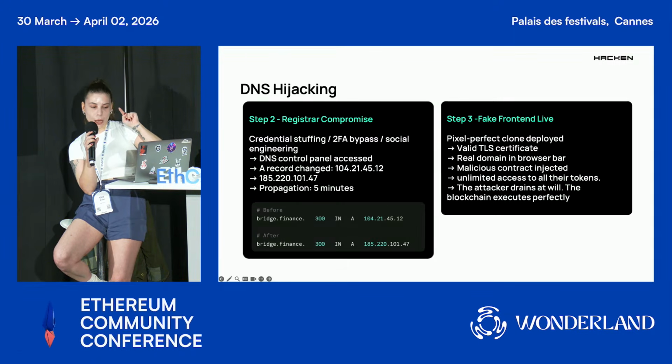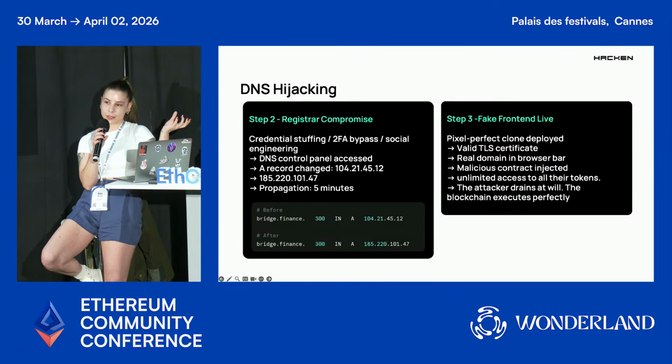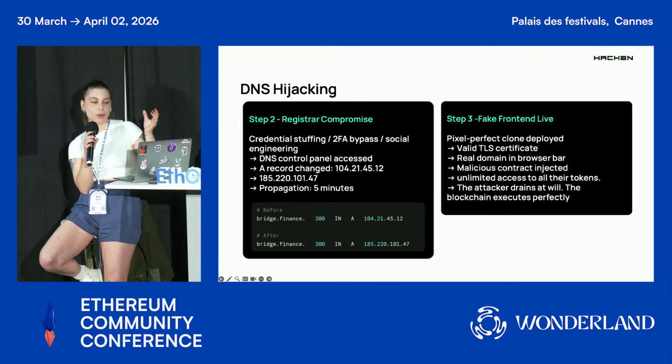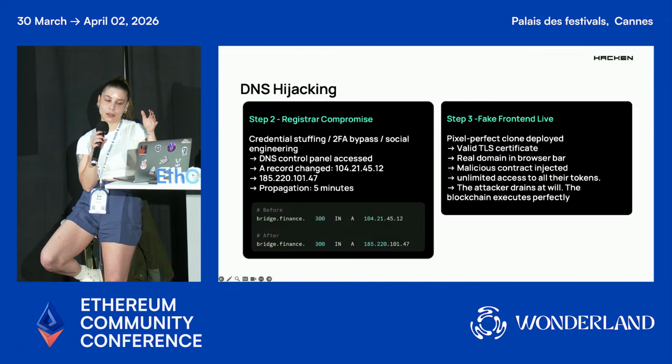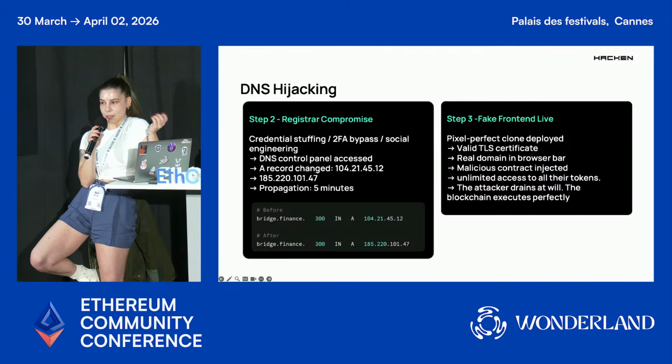So when you click the approve button and you confirm, you just gave access to the attacker, which means all your tokens are gone forever. The attacker drains all the users' wallets in the system.